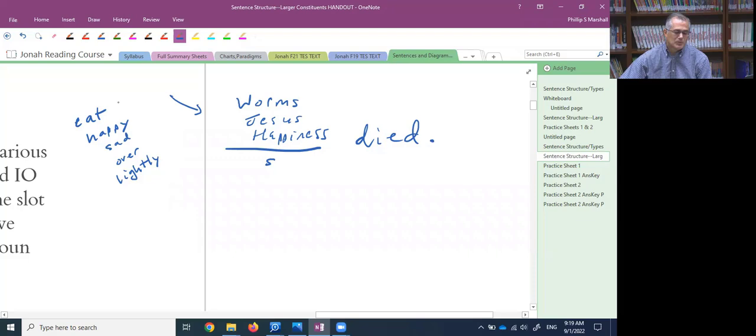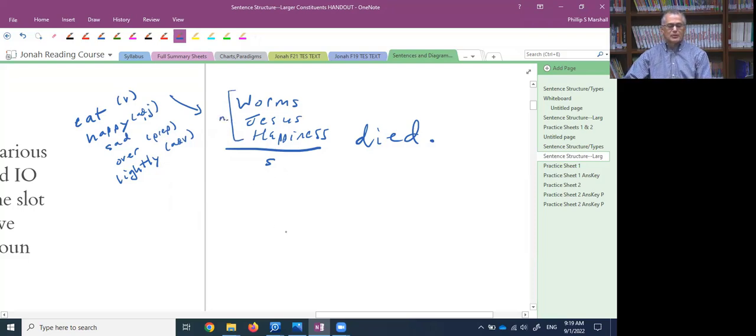So what are we looking at here? Eat is a verb, right? Happy is an adjective, as is sad. Over is a preposition. Lightly is an adverb. But worms, Jesus, and happiness, these are all nouns.